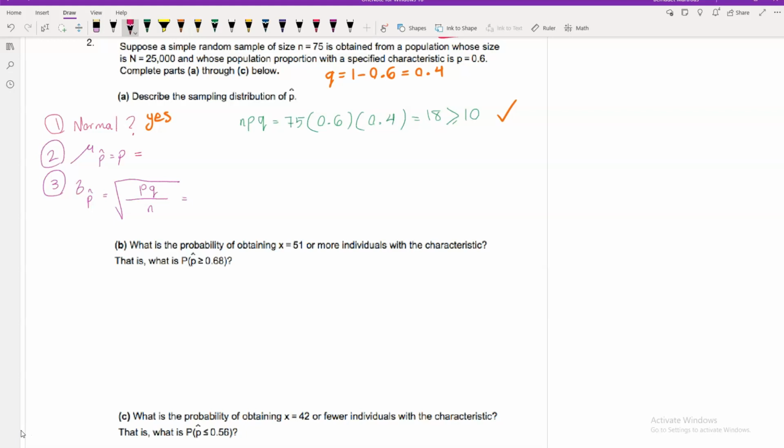Now finding mu of p hat, that is equal to the population proportion p, and that is given as 0.6. Then here we have the standard deviation of the sample proportion. It's the square root of p, which is 0.6, times q, which is 0.4, divided by the sample size, which is 75.